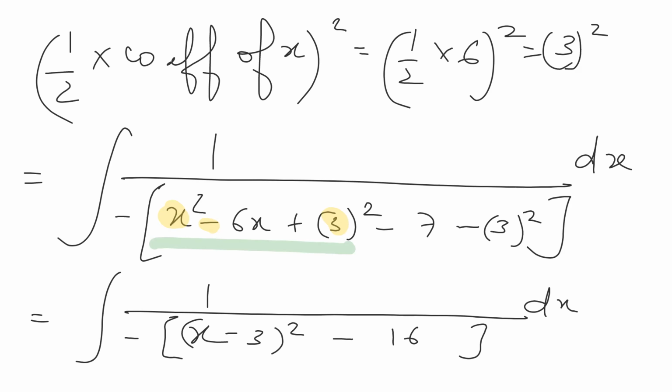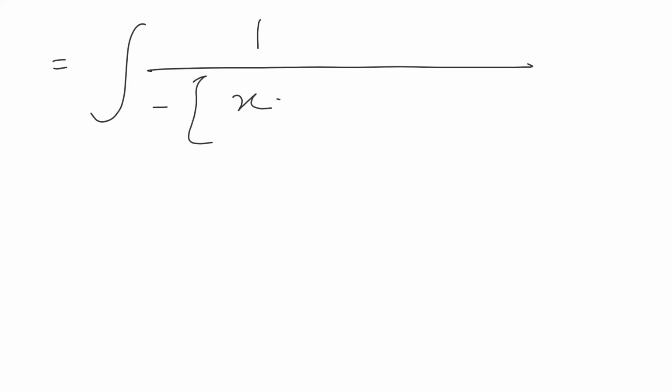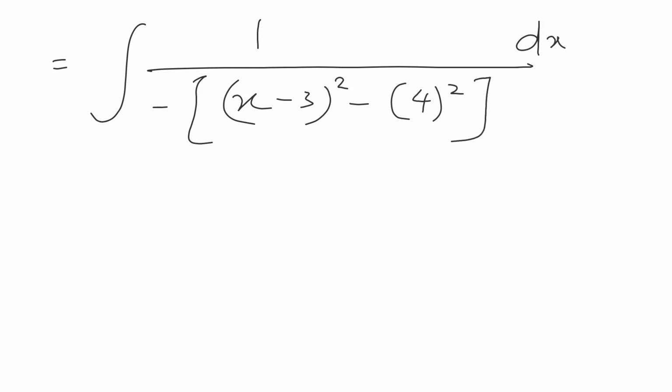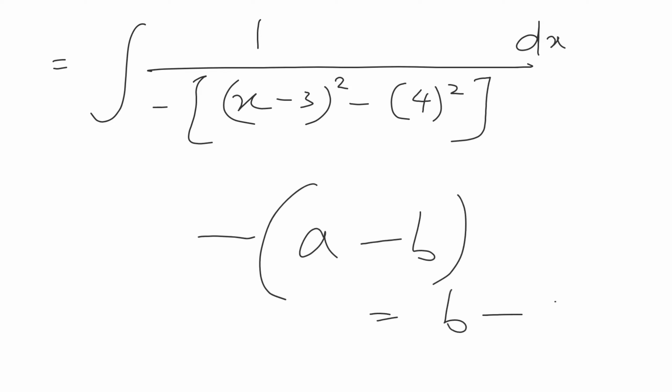Now minus 16, keep it aside. 16 can be written as 4 square. Okay. Now minus of a minus b is equal to b minus a in entire mathematics.